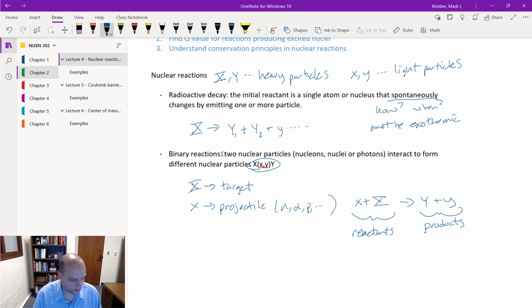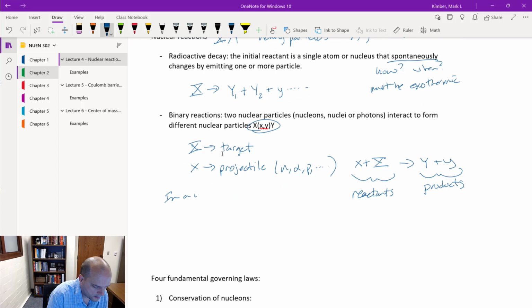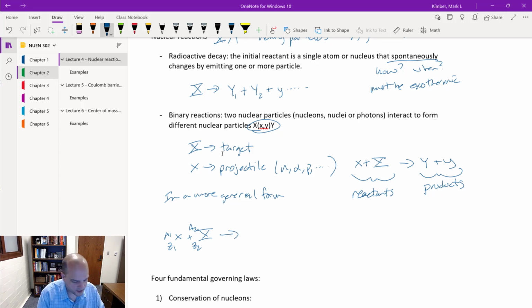And in a more general form, if we wanted to write this, then we'd have some light particle with a certain number of protons and nucleons. Same thing with the heavy particle on the reactant side. And then on the right hand side of my reaction, I've got my products. And this would be Z3 and A3. And I have a light particle as well, so Z4 and A4.